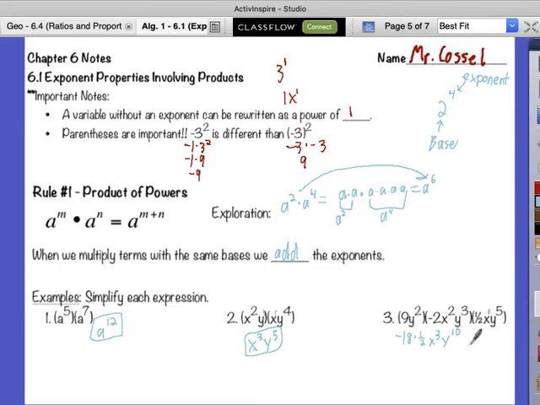Now, can we still multiply this negative 18 by 1/2? Yeah. A way you can think about this is you can do that like normal fractions. Negative 18 over 1 times 1 over 2. Can we cross reduce? Heck yeah, we can. What goes into both negative 18 and 2? 2.